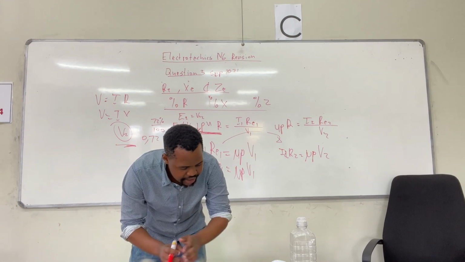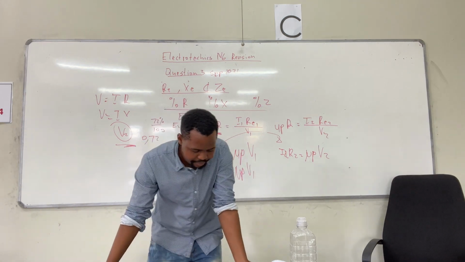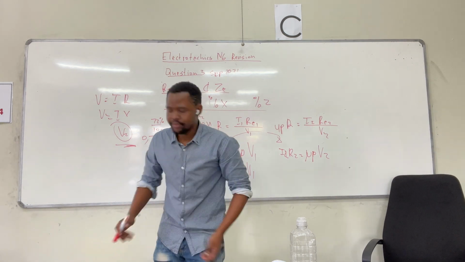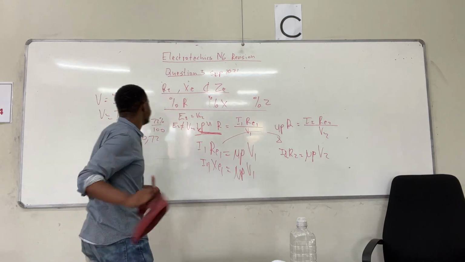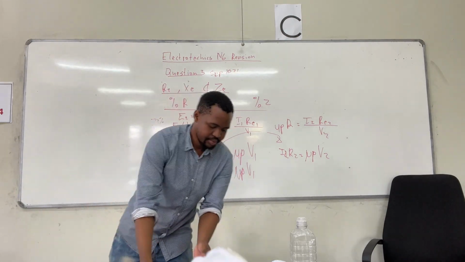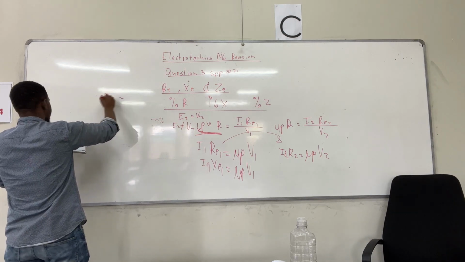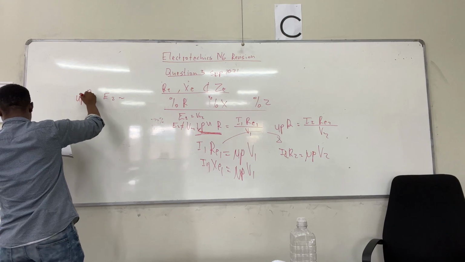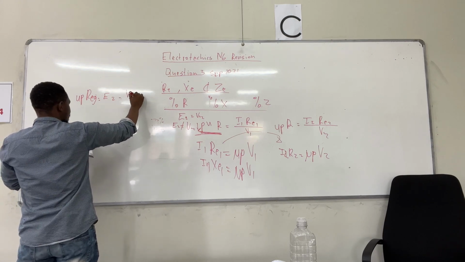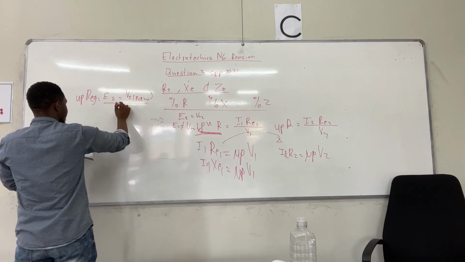Let us go to page 112. You see the per unit regulation: E2 minus V2 over E2.